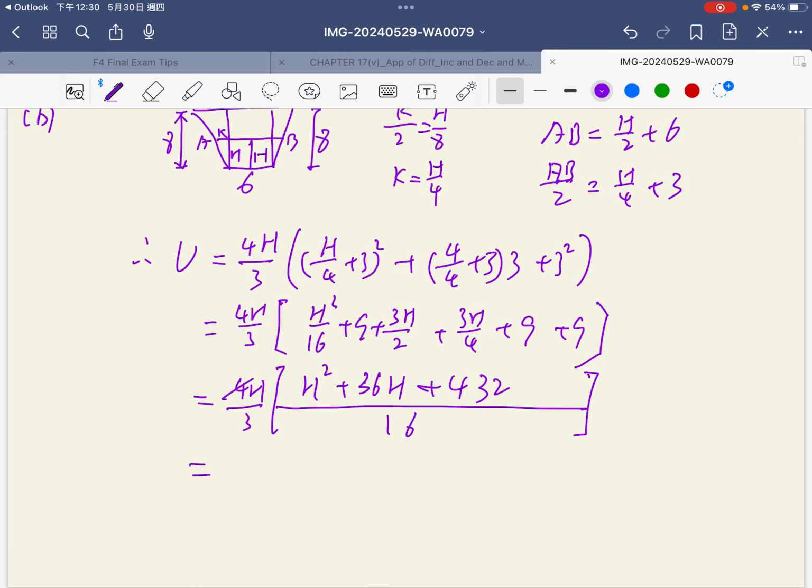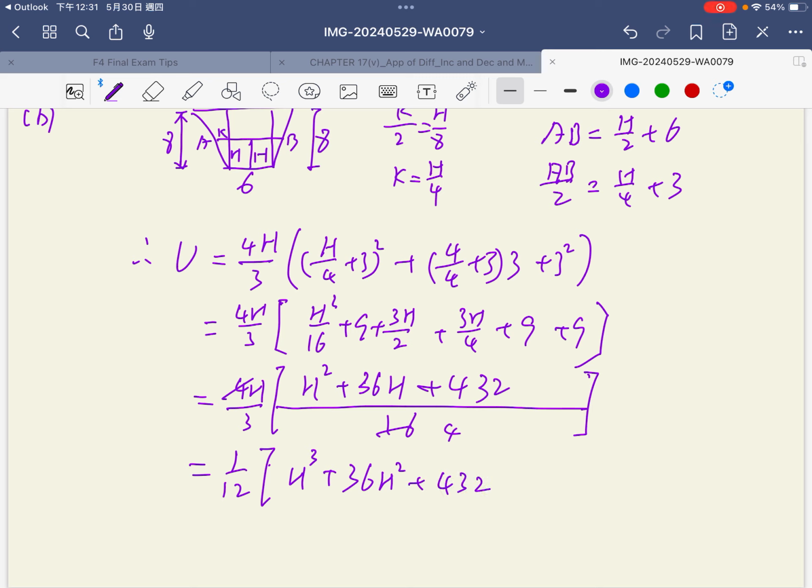Then factorize, simplify by 1/12, and multiply the H into the bracket. We have 1/12 times H to the power 3 plus 36 H to the power 2 plus 432.